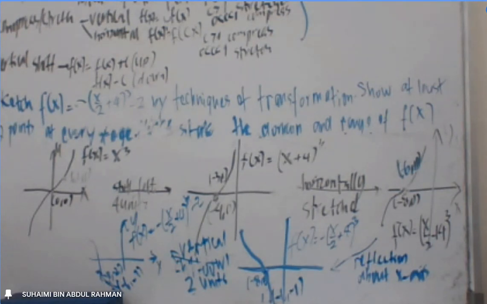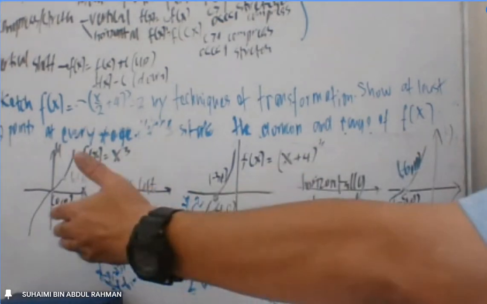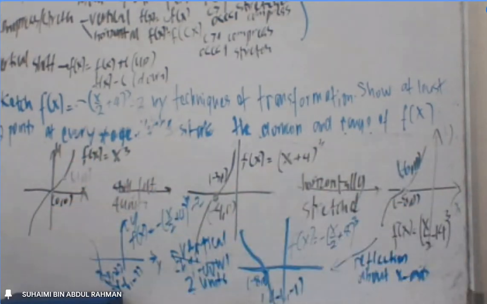Negative infinity to infinity, because we don't know where it comes from and where it stops.